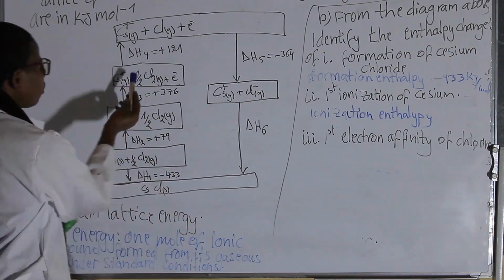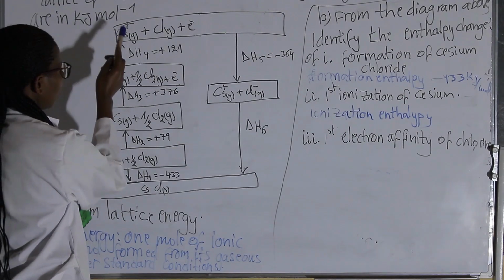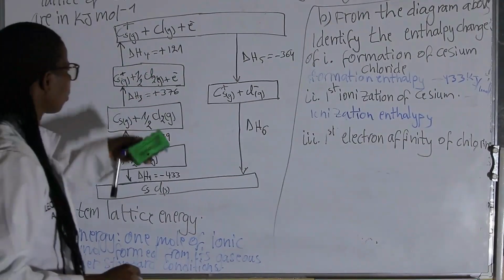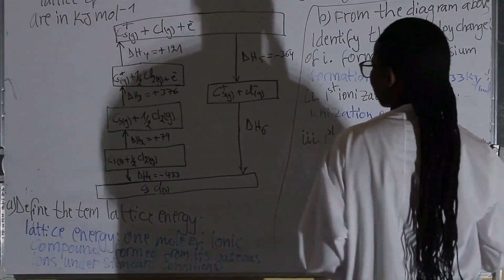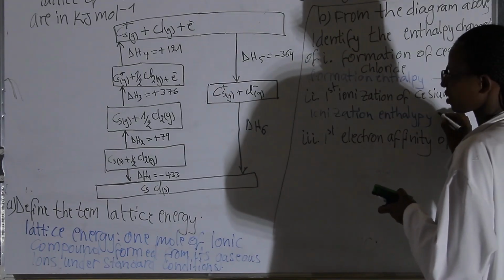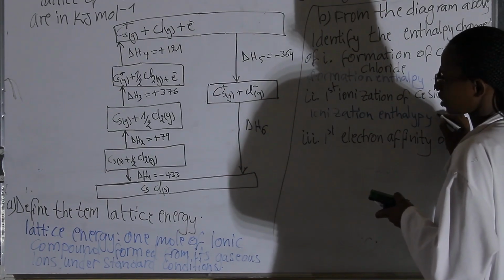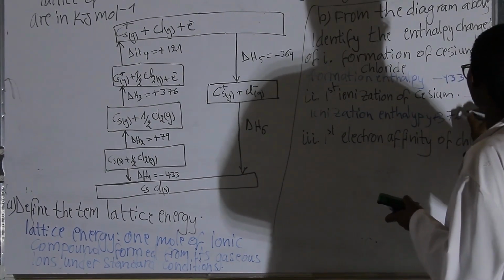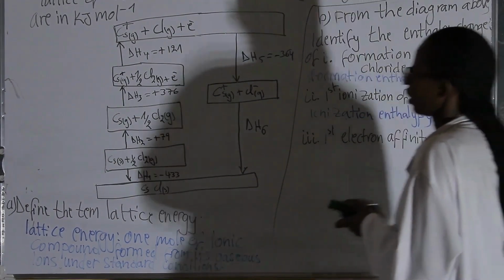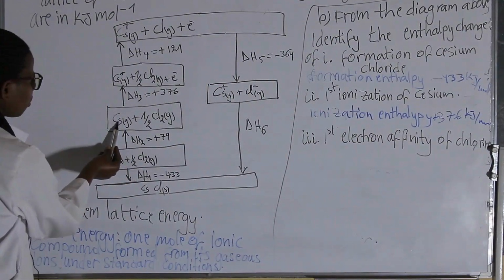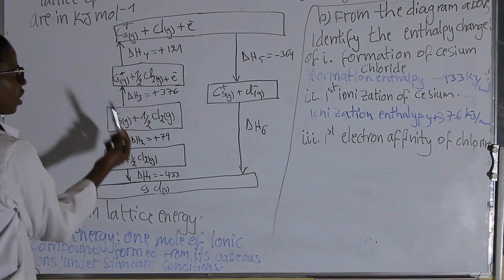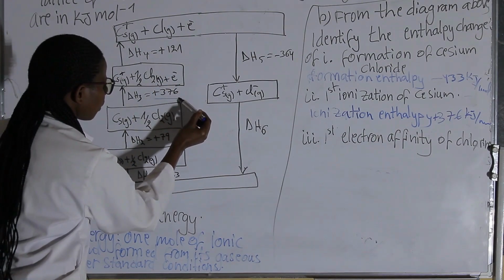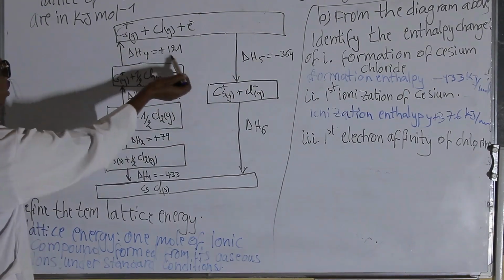This is the first ionization. Here we have the second ionization. For the first ionization of cesium, the enthalpy change is plus 376 kilojoule per mole. The enthalpy change used for the first ionization is this, for the second is this.